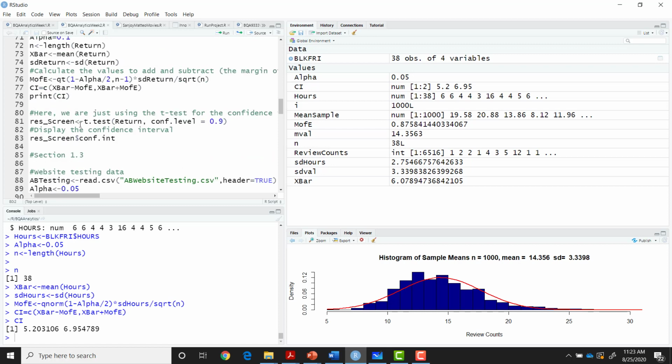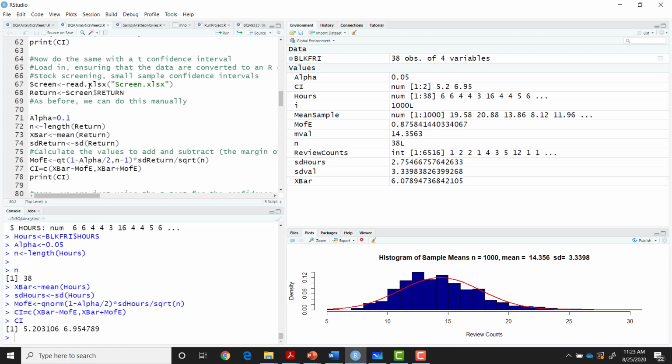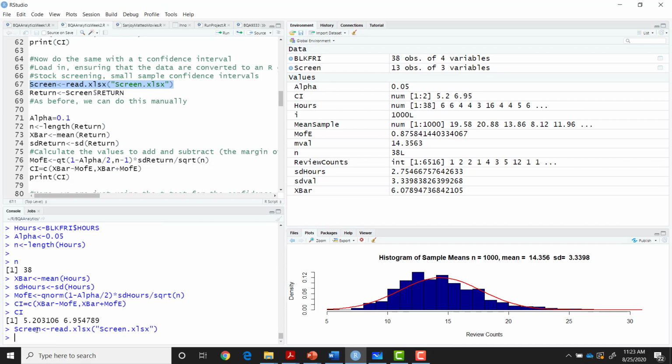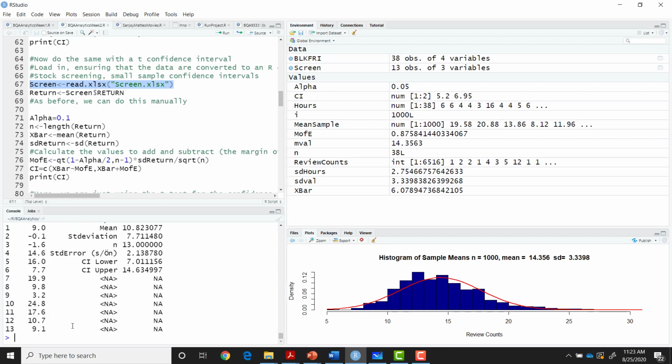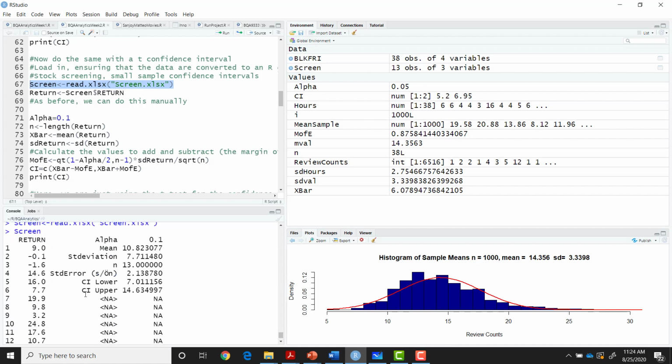So let's have a look at our second example. This is called screening. Let's just have a look at this data. It's a lot of stock screeners. What a stock screener does is it gives you a set of rules for investing in stocks.